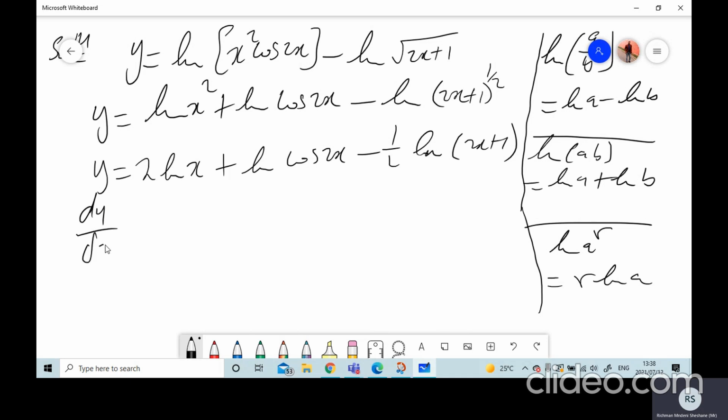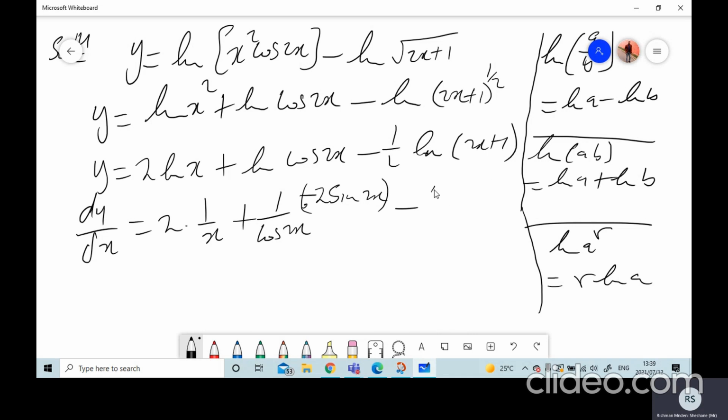So dy dx will be 2 times 1 over x, derivative of ln x is 1 over x, plus derivative of ln of cos 2x, it's 1 over that function, my function is cos 2x, times the derivative of the inner function, derivative of cos 2x is minus 2 sine 2x, minus, let me put this in brackets, okay?